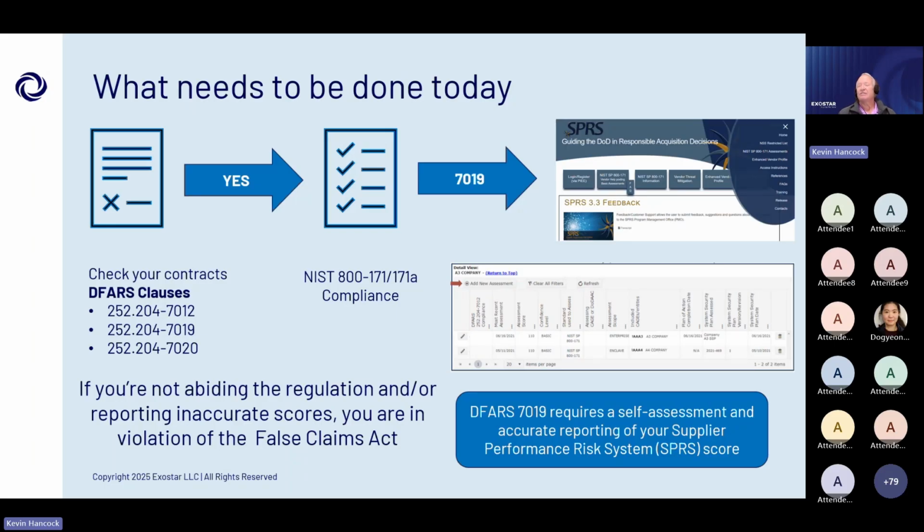These clauses require really the same thing. They require that you be in compliance with NIST 800-171 and its 110 controls if you're receiving controlled unclassified information, creating it, processing it, transmitting it, etc. That's the 7012 clause. The 7019 clause required you to do a self-assessment and score yourself and then enter that score into the SPRS system.